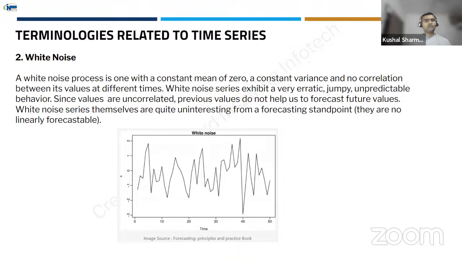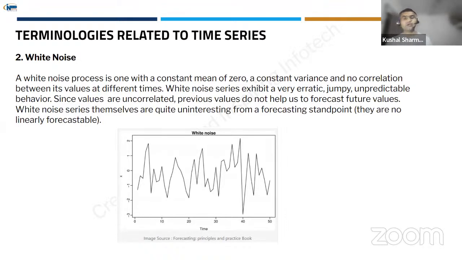A white noise series exhibits very erratic, jumpy, unpredictable behavior. Here you can see the diagram. Is it showing a trend, something increasing or decreasing? No. With respect to time, no prediction can be made, because it is all random, and therefore we call it white noise.